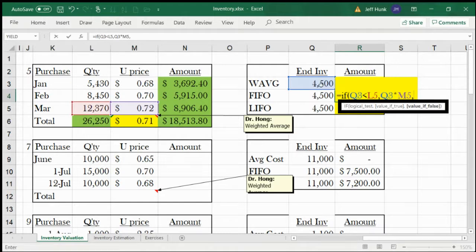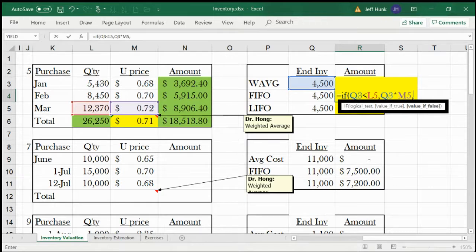But then logically, what it can do is, if it is 13,000, 12,370 of that came from March, and the balance came from February. So you will multiply 12,370 by March price, and the difference between 13,000 and this will be multiplied by this. So that's what you're going to put in there.